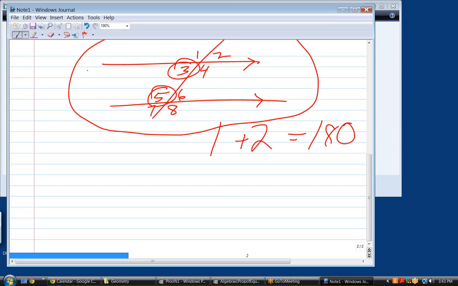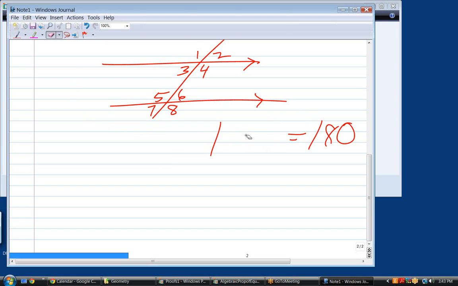The only thing that's really important is that you know that 3 and 5 are supplementary, 3 and 6 are the same, 4 and 7 are supplementary, 3 and 7 are the same. In other words, that's what you need to know, which of these 8 angles are equal to one another, and which can you figure out, therefore must be supplementary. The most important thing is to know that 1 and 2 are supplementary.